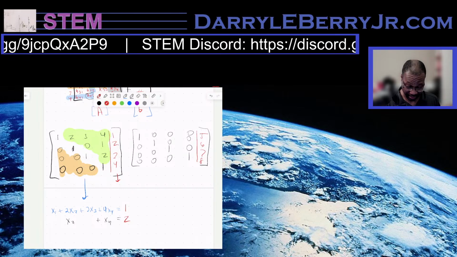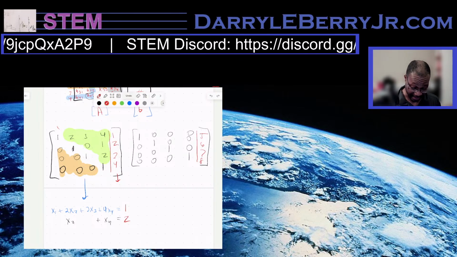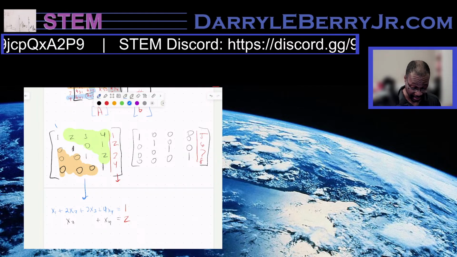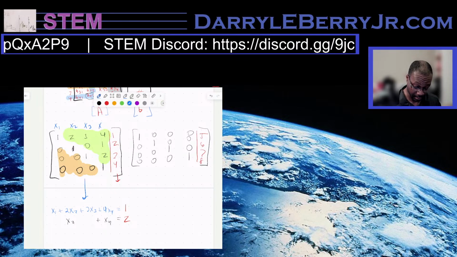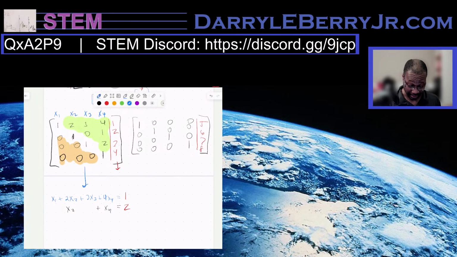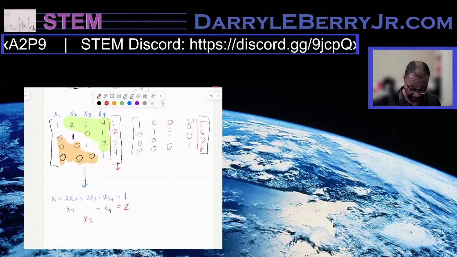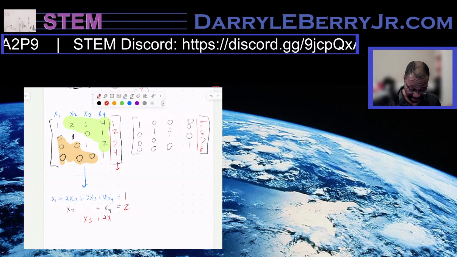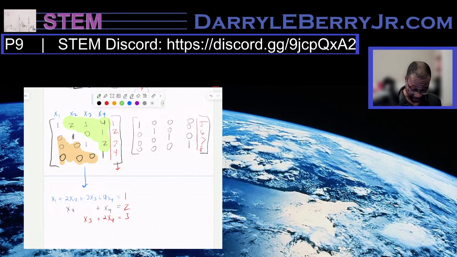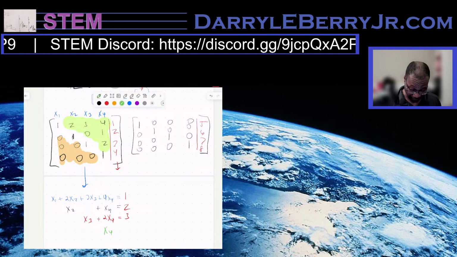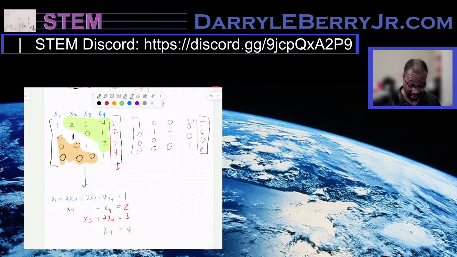All I'm doing is just plugging in my x values here, but I know that these columns relate to those x values. Then I'm just pulling out what the values are. So it becomes very simple. I know that x3 plus 2x4 equals 3. And then I know that x4 equals 4. So now I solve what those values are.